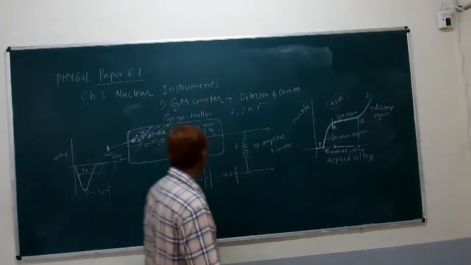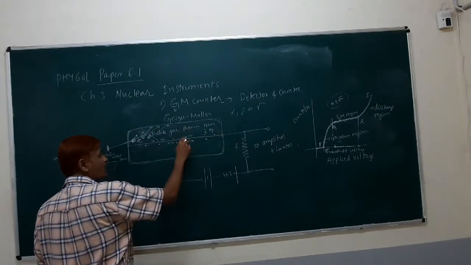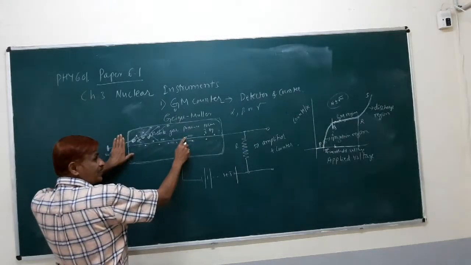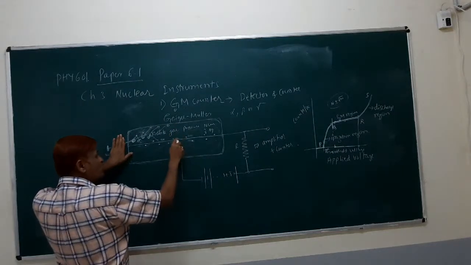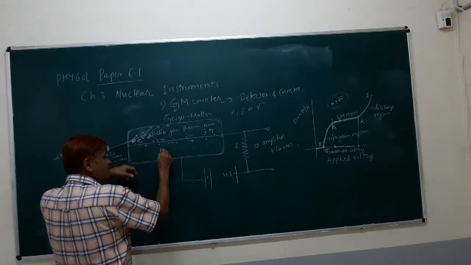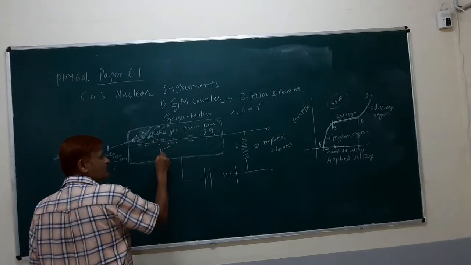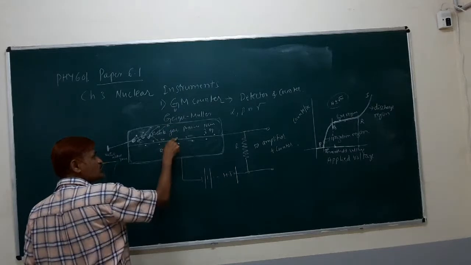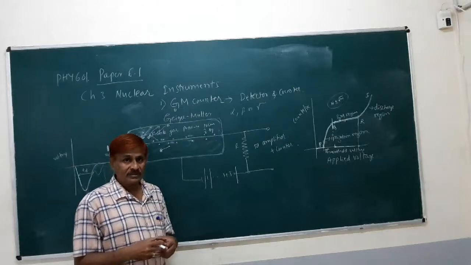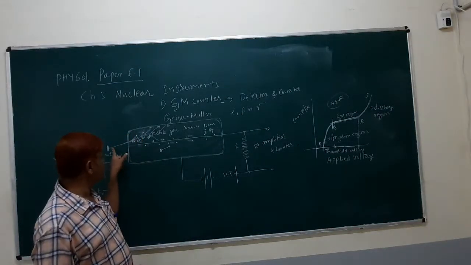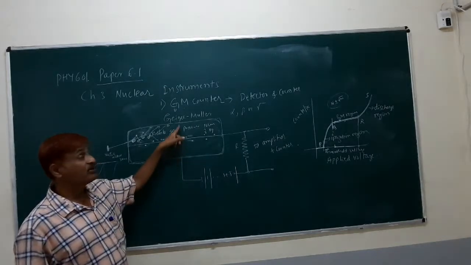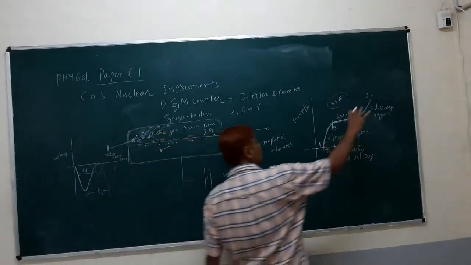The voltage is now so high that even though no external particle enters the tube, the electrons of the atoms come out of the atoms without any initiation because of the high voltage, and that produces ion pairs. Here ion pairs are produced because of the incoming radiation, but there they are produced because of the high voltage, and that region is called the discharge region.